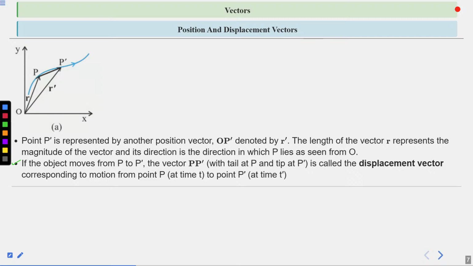So if the object moves from P to P prime, the vector PP prime with tail at P and tip at P prime is called displacement vector, because the particle changes position from point P to point P prime.